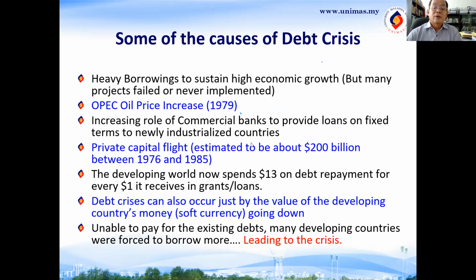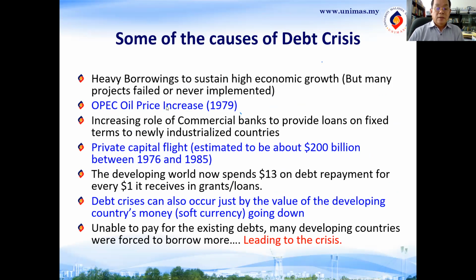So, some of the causes of the debt crisis, I think I have mentioned a bit about that just now. Heavy borrowing is one, because to sustain economic growth many countries are doing that, but many projects also fail, and some never get implemented. So that is the problem.